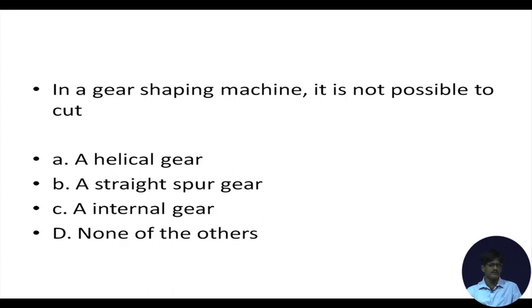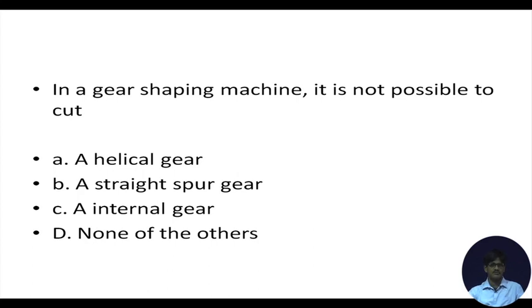The hobbing machine can cut helical gears by a very simple procedure. In gear shaping machines, either we have to have a mechanical guideway which will make the cutter move in a helical manner, or we have to have some sort of computer control. So, it is possible to cut a helical gear.